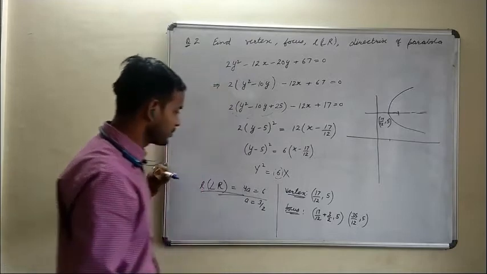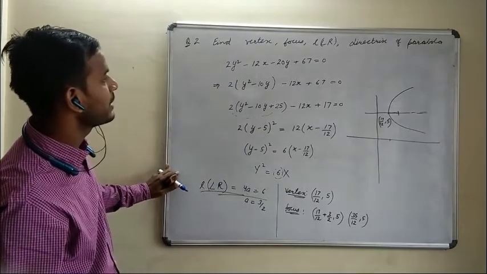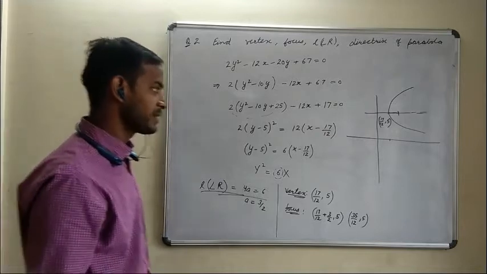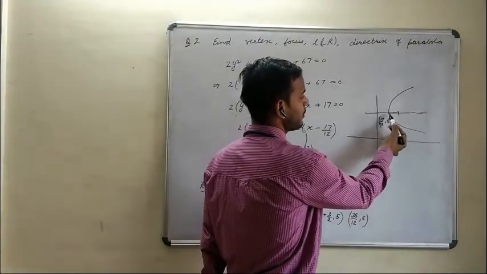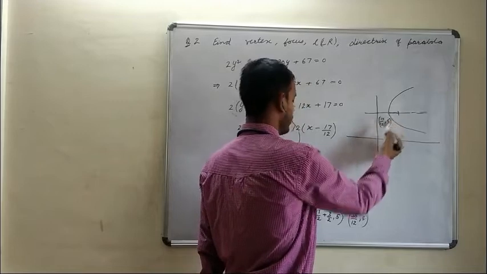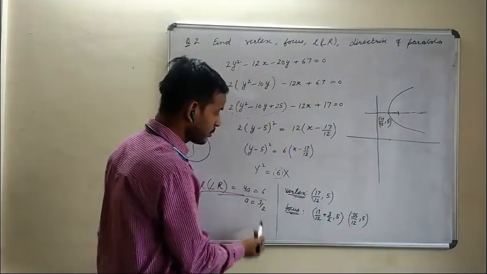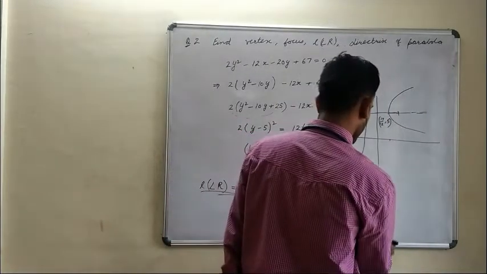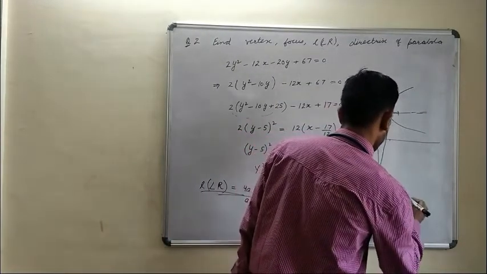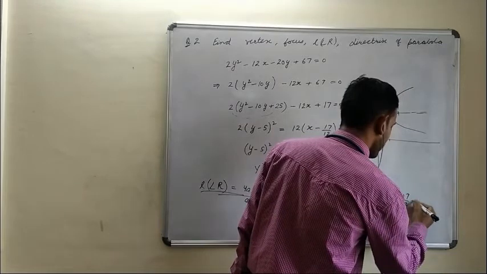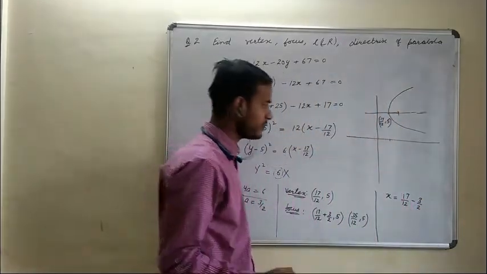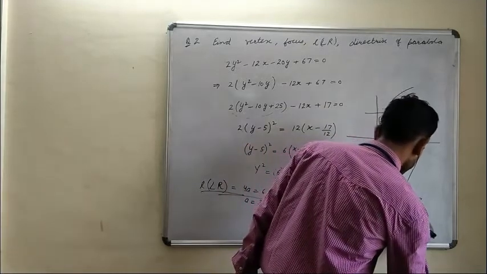Okay, what else do we need to calculate? We need to calculate directrix. So for directrix, we need to go at a distance of 3 by 2 from this particular point. So equation of directrix would be x is equal to 17 by 12 minus 3 by 2, which will be minus 1 by 18.